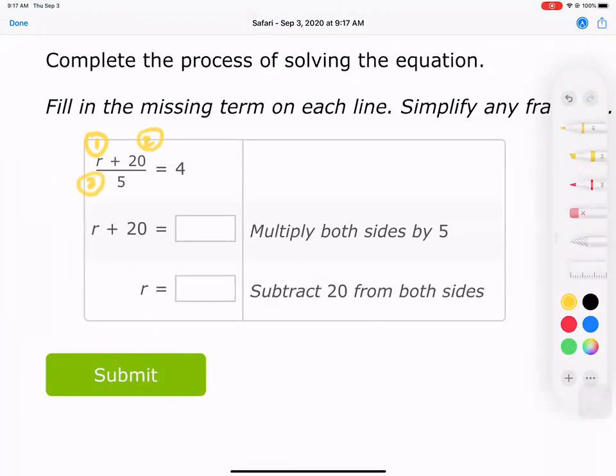Do we get rid of the plus 20 first or the minus 5? I'm going to have you write the yes and no's again. If you think I'm going to get rid of the 20 first, please click yes. And if you think I'm going to get rid of the 5, please click no. Which one do I get rid of first?